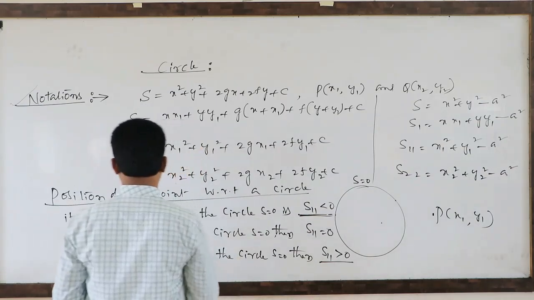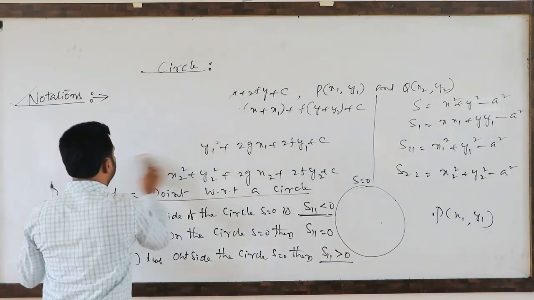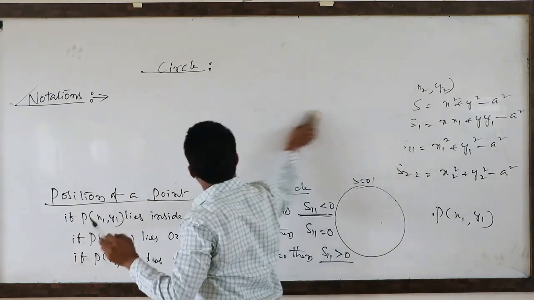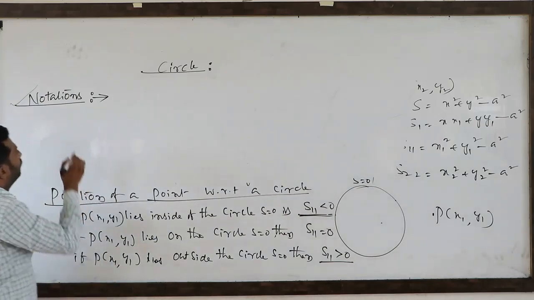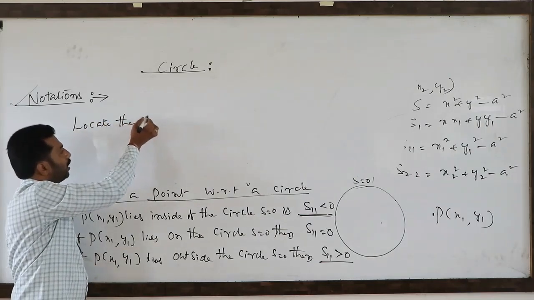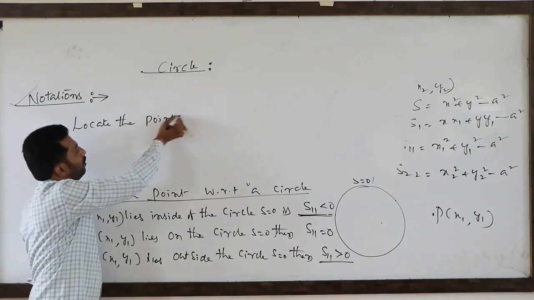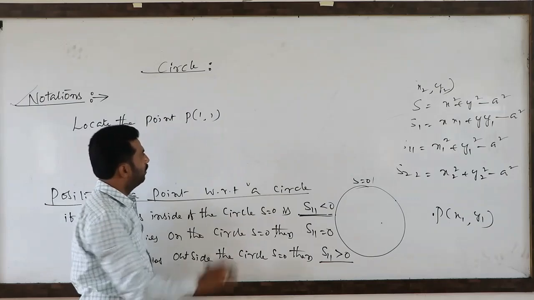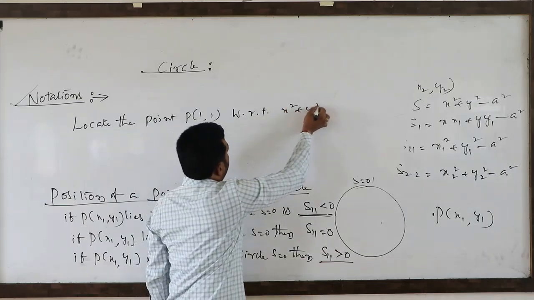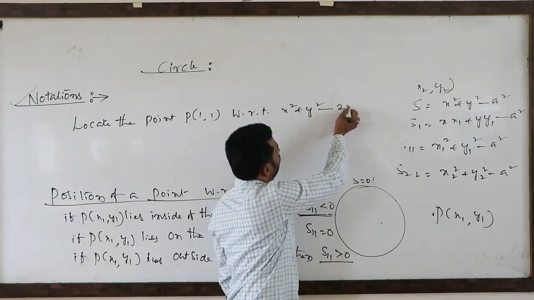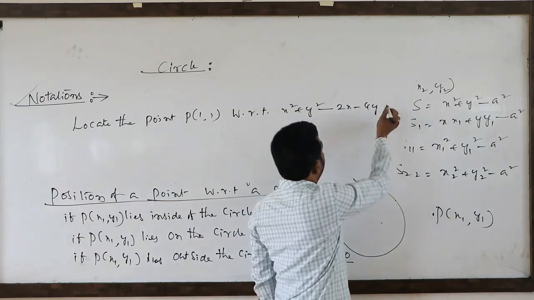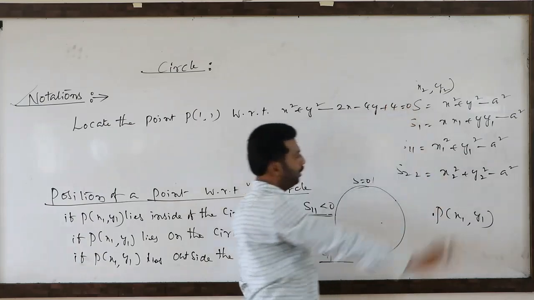So one example I will give. Locate the point, just I am taking 1, 1, with respect to the circle x square plus y square minus 2x minus 4y plus 4 equal to 0.